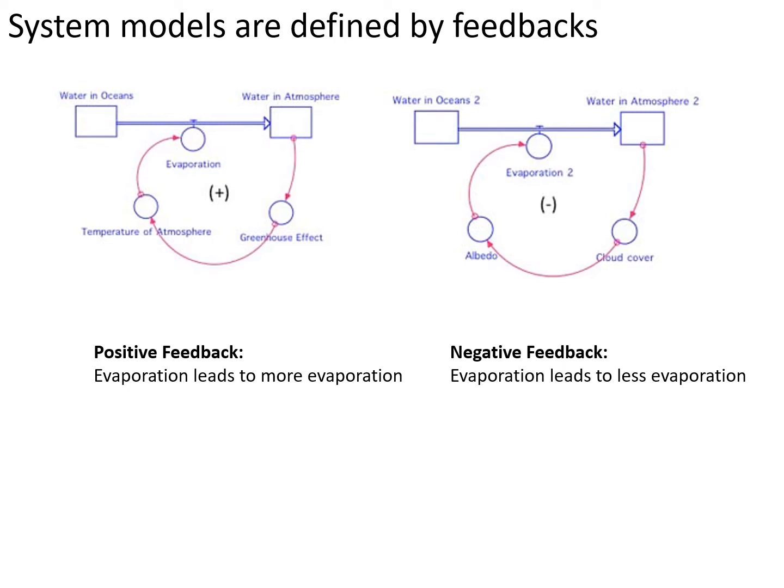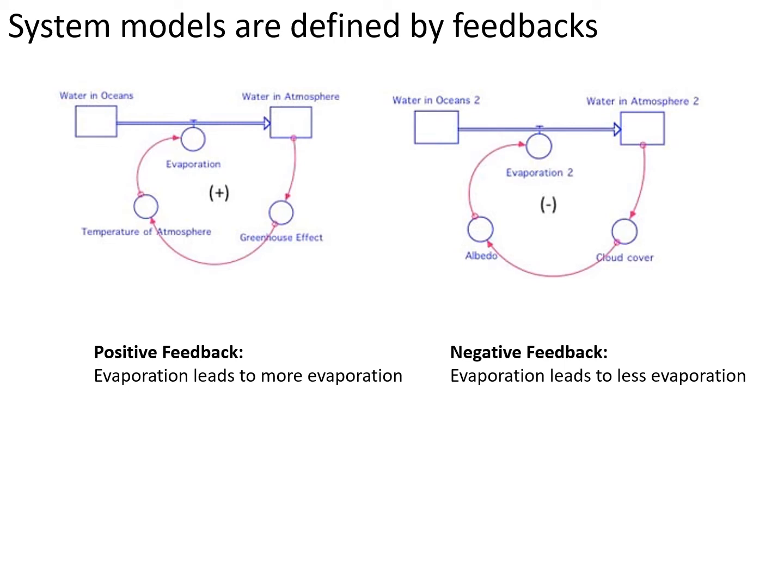So here we have a very simple conceptual sketch of how much water is in the ocean. This is the upper left, okay? And then we have some flux of evaporation to water in the atmosphere. Well, the more water you have in the atmosphere, the greater, you can see with that red arrow, the greater the greenhouse effect that you have.